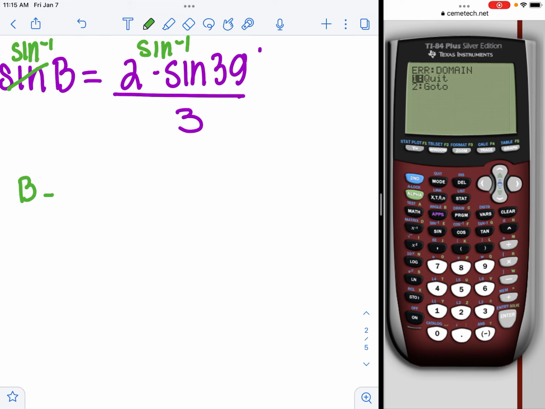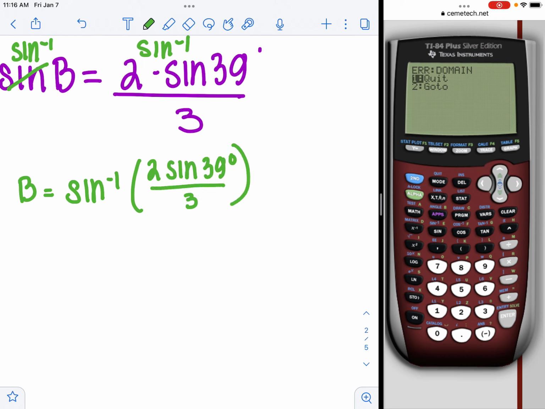Sine inverse this side, and I have B is equal to sine inverse of 2 times the sine of 39 over 3. And I'm going to put that in my calculator. I'll clear that out. That says error. And do sine inverse of 2 sine of 39 divided by 3. Hit enter. And I get 24.8059, so on and so forth.